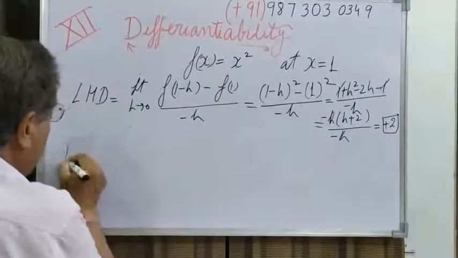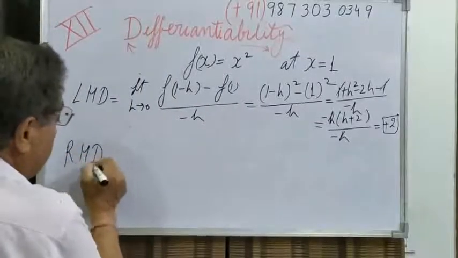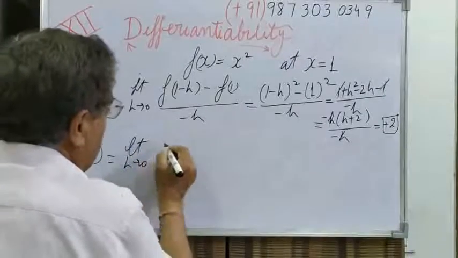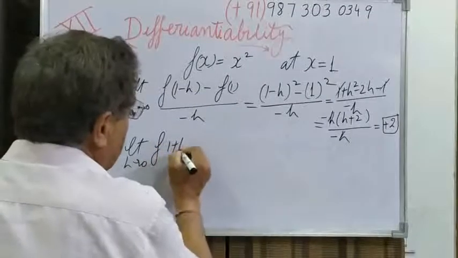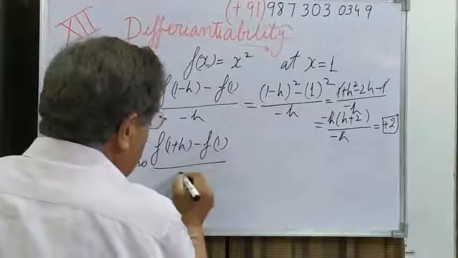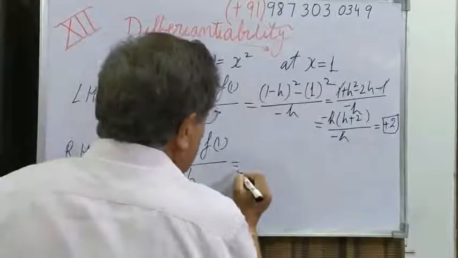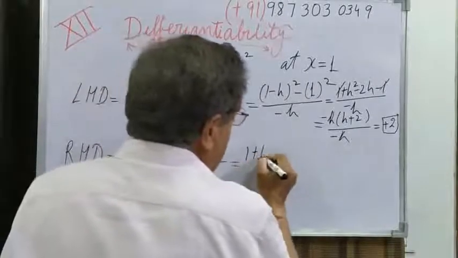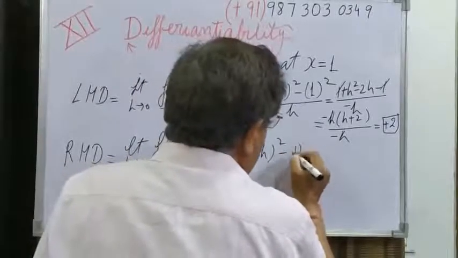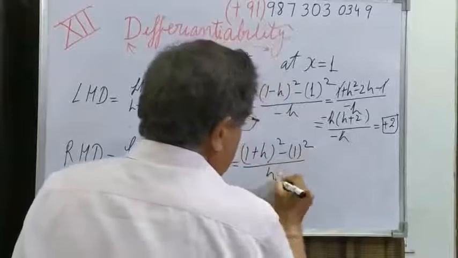Now let us go for the right hand derivative. Right hand derivative: limit h goes to 0, (f(1 plus h) minus f(1)) divided by plus h. That gives us (1 plus h) whole square minus 1 square, upon h.